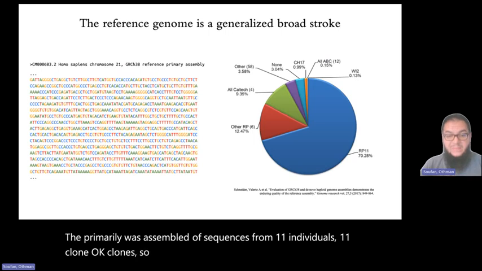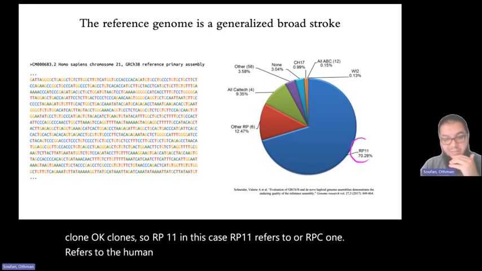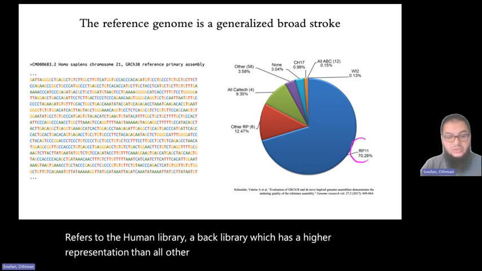So RPCI refers to the human BAC library, which has a higher representation than all others. And this contributes to 70% of the primary assembly.